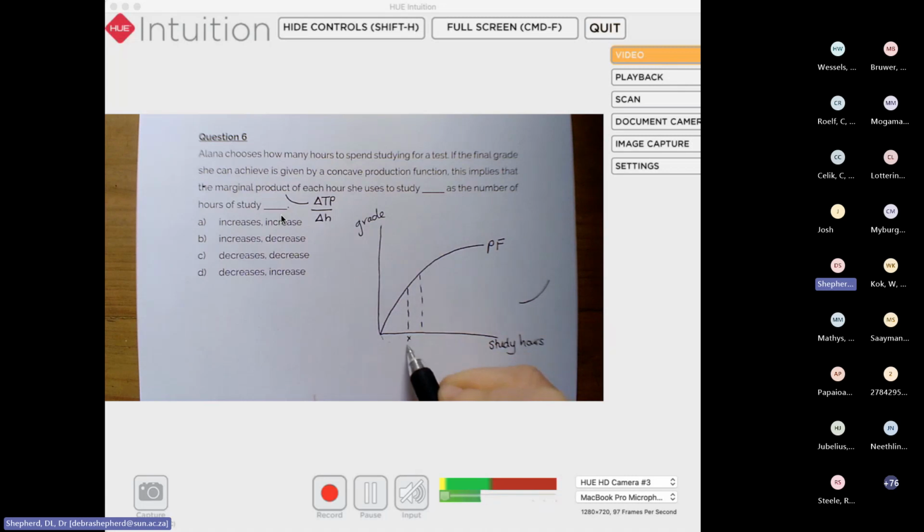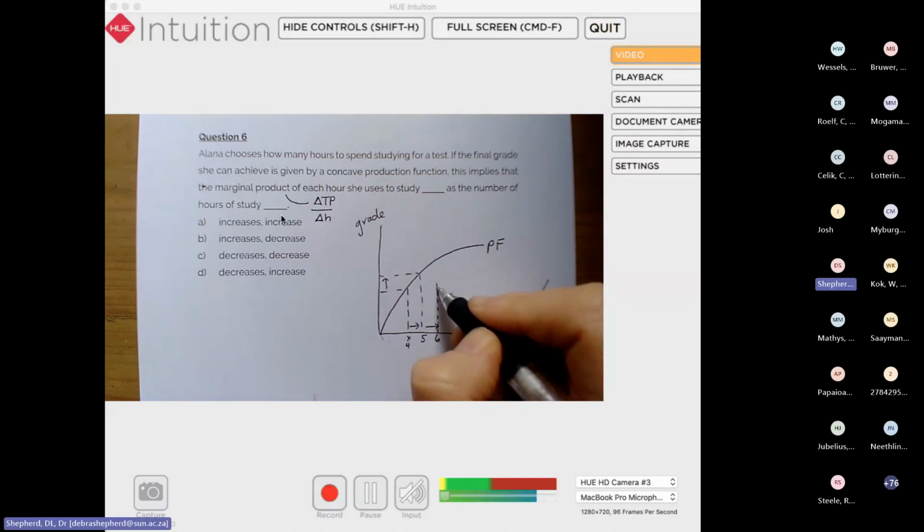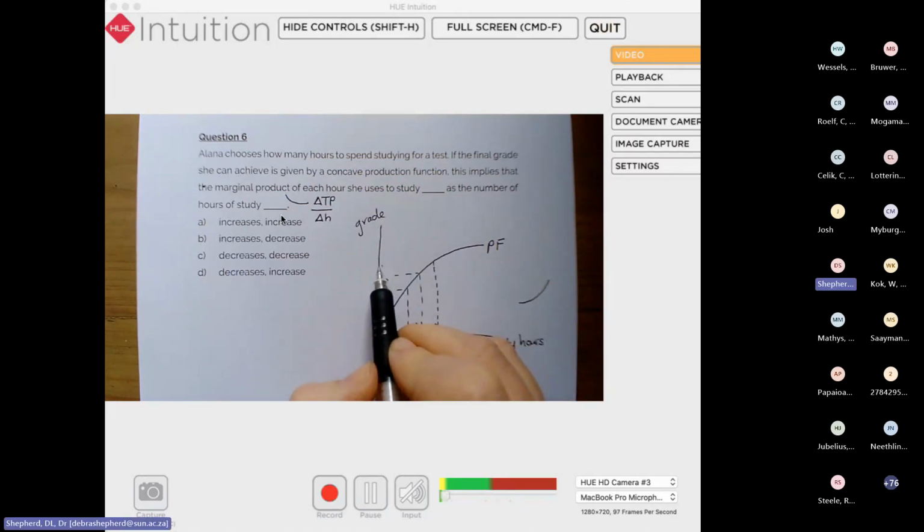So let's say 4 hours. And if she studies 5 hours, her grade goes up by this much. If she had to study 1 more hour, so a marginal hour, her grade would still go up, but it would go up by less than the previous hour of study increased her grade.